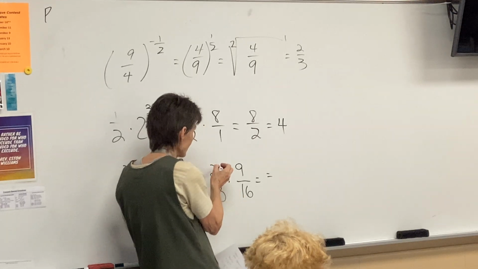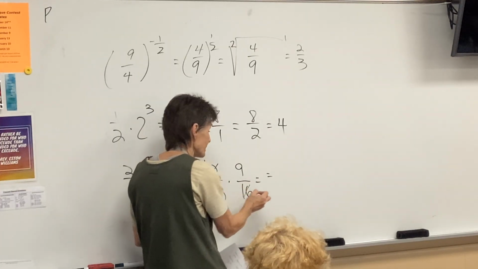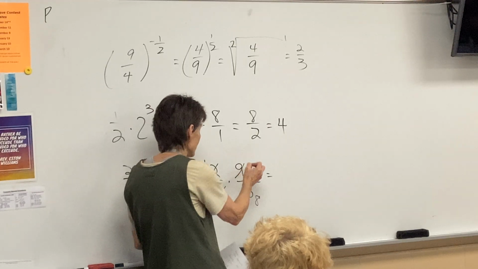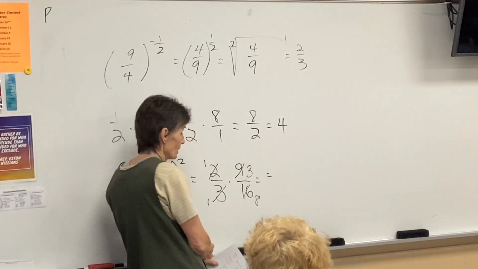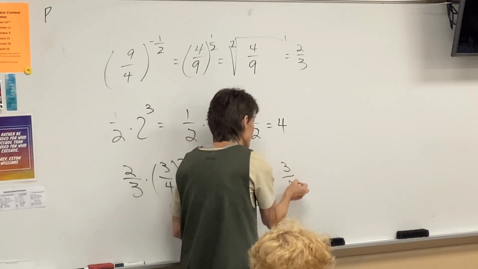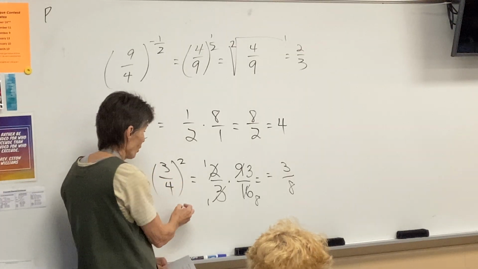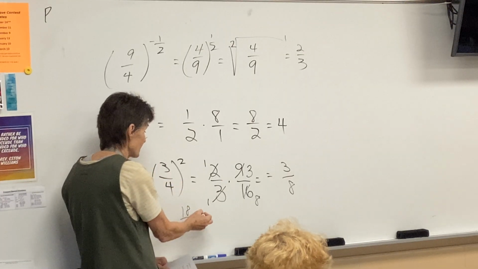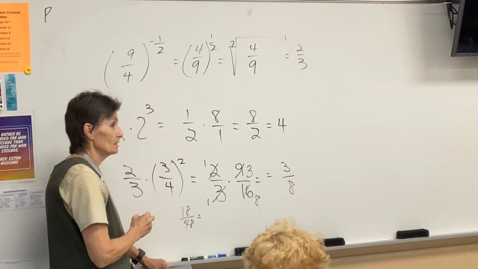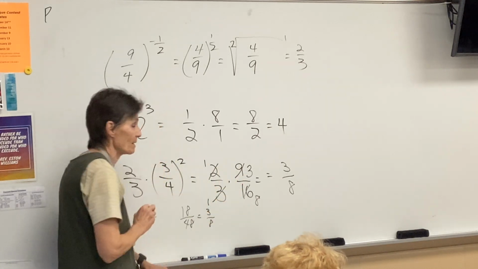If we cross cancel, 2 goes into 2 once and 16 8 times. And 3 goes into 3 once and 9 3 times. So it looks like my answer is 3/8. If you multiplied straight across, you got 18/48, which you're going to have to reduce. 6 goes into both of those and leaves you with 3/8, the same answer.